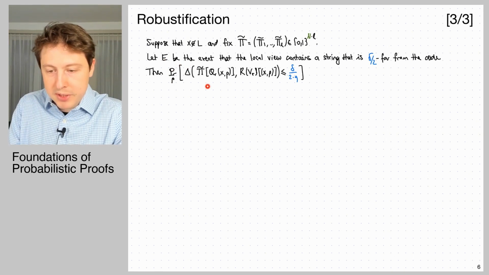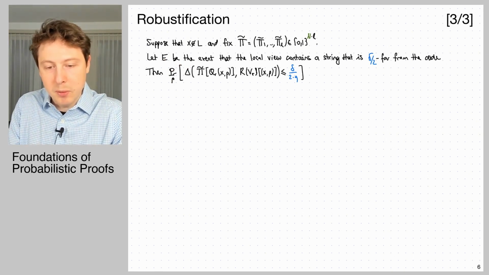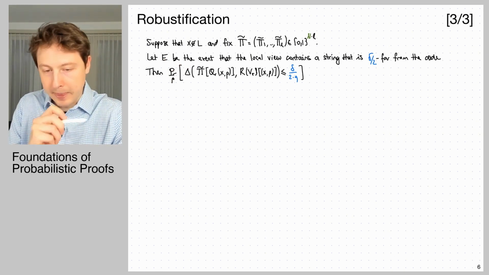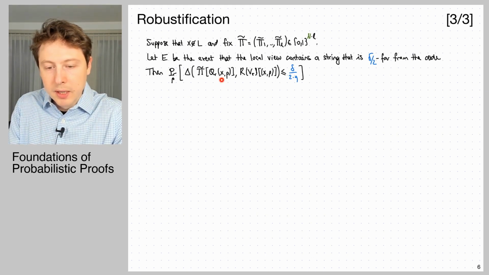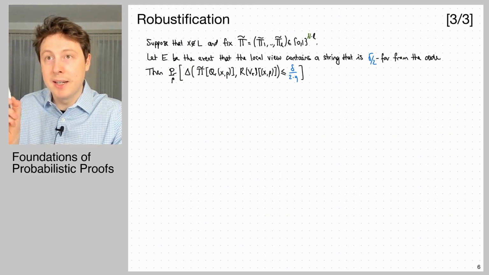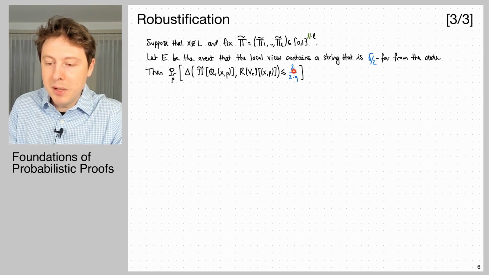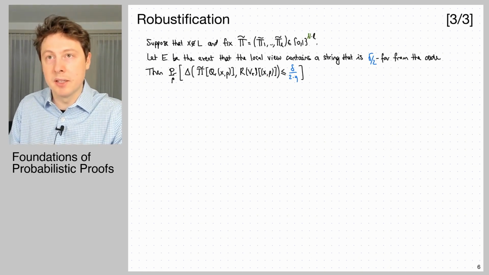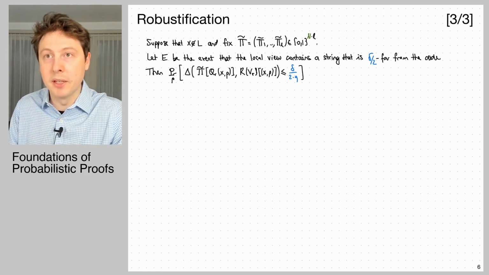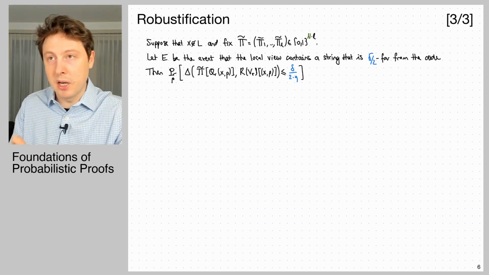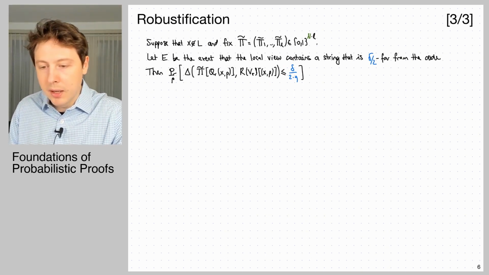Now we are interested in studying this probability. We want to look at a random local view and compare it, in binary Hamming distance, to some accepting view. We want to argue that the probability that it is smaller than this magical quantity, the unique decoding radius times 1 over q, is small.